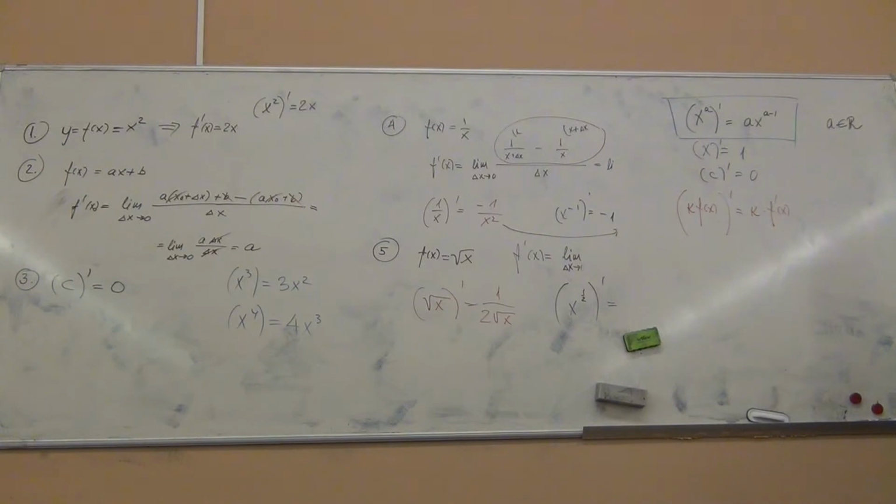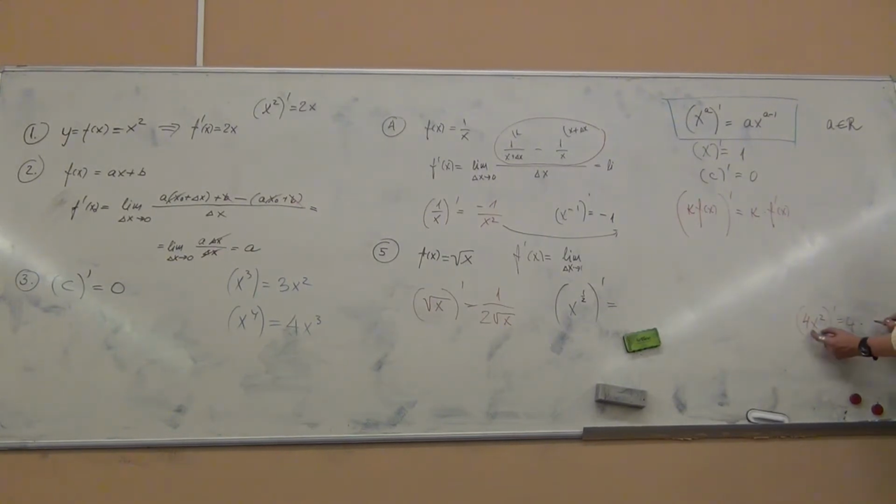In other words, if I have to derive something like 4 times x squared, the 4 remains there, and I only derive x squared, so it will be 8x.